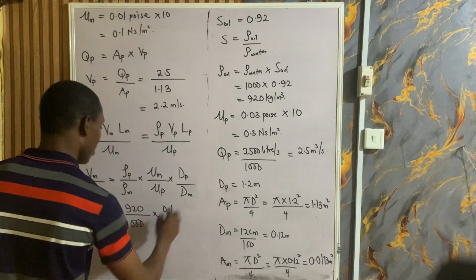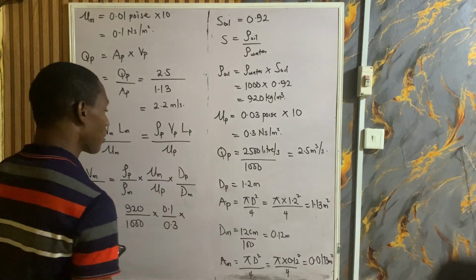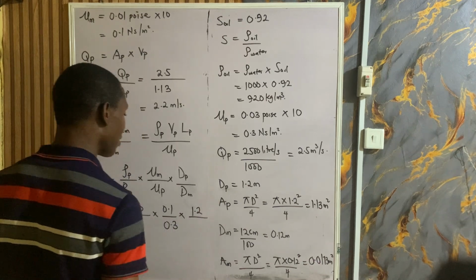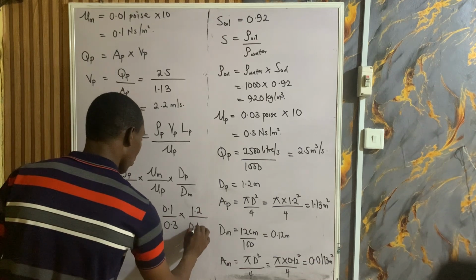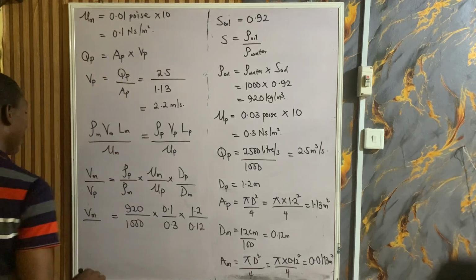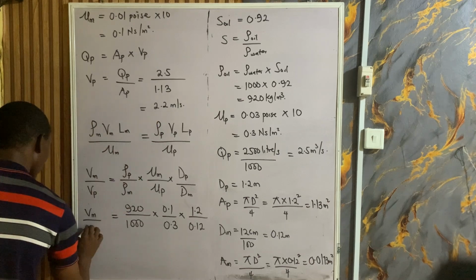The viscosity is given as 0.3, times diameter of the prototype, that's 1.2, over diameter of the model, which is 0.12. Velocity of the model is what we're looking for, all over velocity of the prototype. We've gotten that already using the discharge, that is 2.2.